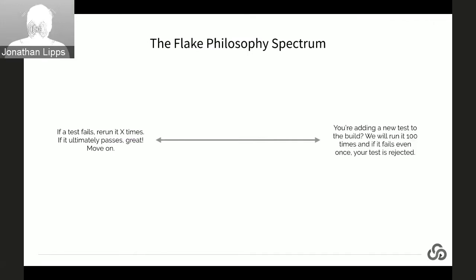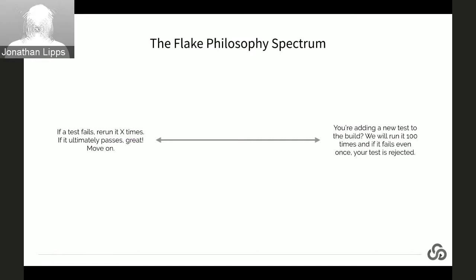And there's another philosophy or approach to flakiness on the other end, which basically tries to disallow any kind of flakiness at all. One example that I've seen some companies do is this: if you're committing a series of functional tests, so Appium tests, before those tests are merged into master and become a part of the build moving forward, those tests specifically are run many, many times, and a flakiness profile is established for those tests.